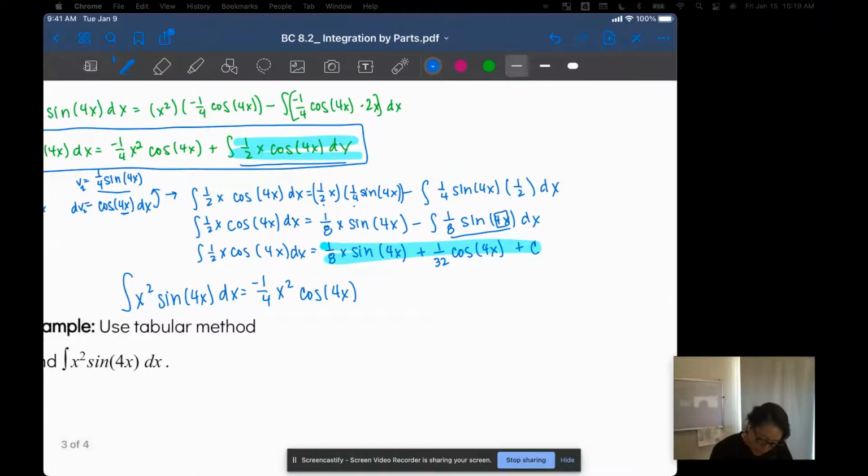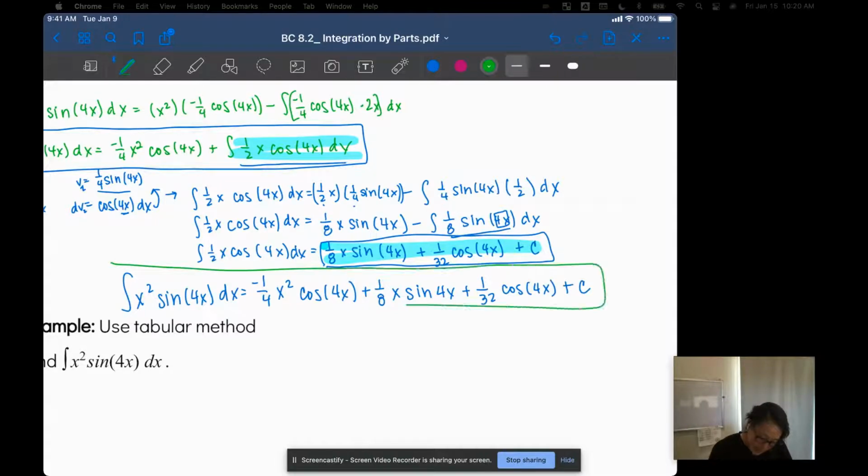Now we need to move on and look at the integral of 1/2 x cosine 4x dx, which is 1/8 x sine of 4x plus 1/32 of cosine of 4x plus c. And I end up with my real answer in purple right here.